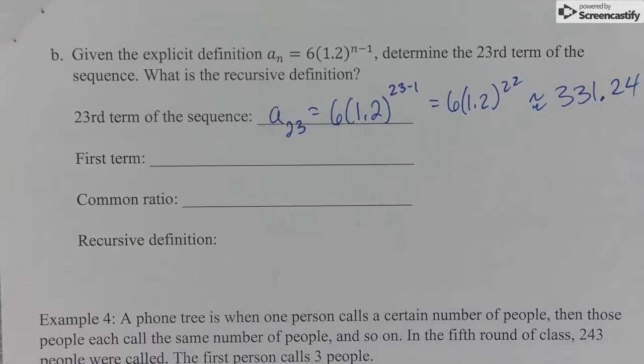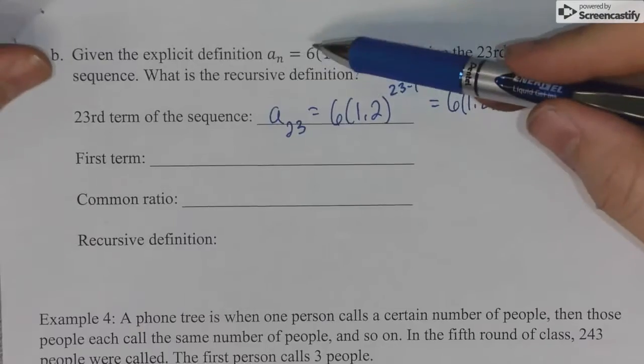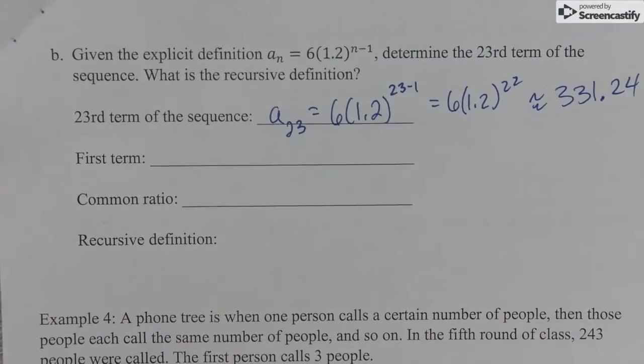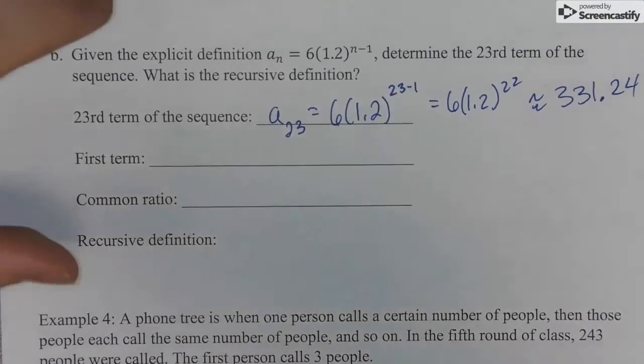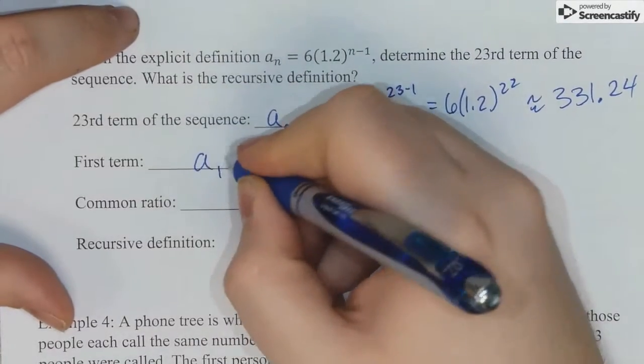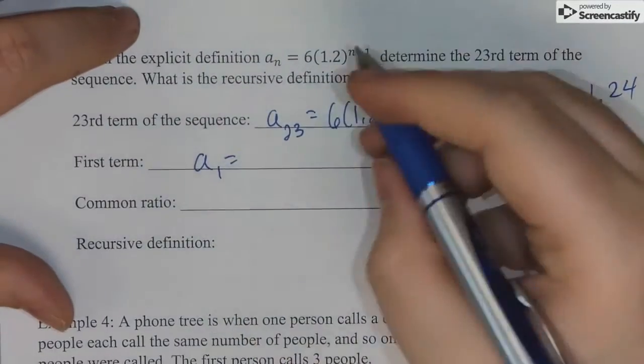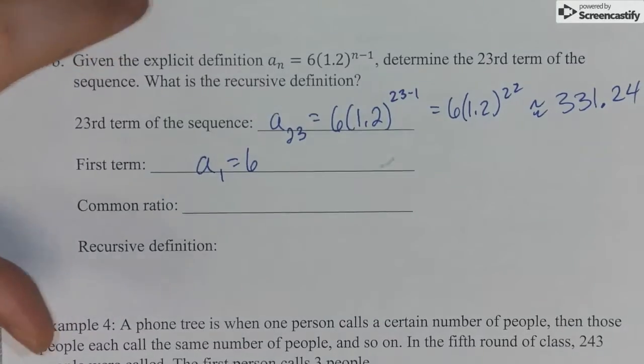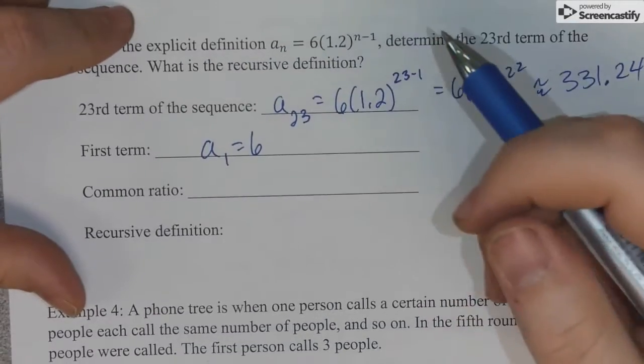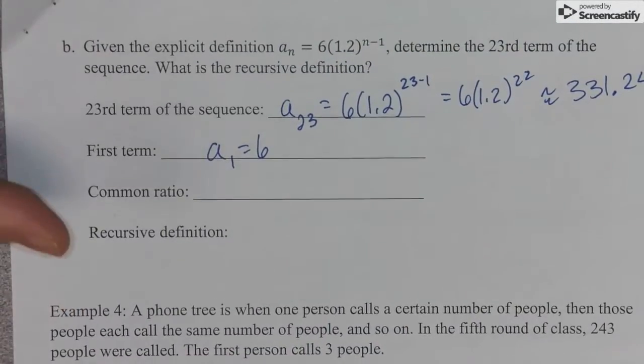Identify the first term. This is really similar to when we studied exponential functions, and we said the value out front is your initial value. So your first term is similar to your initial value. So this is going to be A sub 1 equals 6. Your common ratio, that's the value in your parentheses, similar to your growth factor.